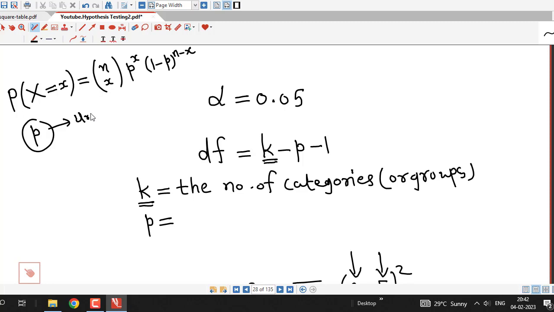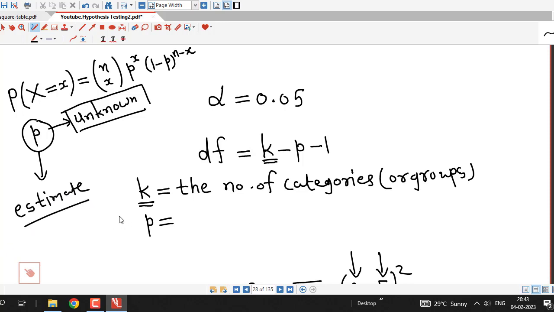Now suppose this probability of success is not known to us, suppose it is not given in the question. Then we will estimate this probability of success from the given sample data. So this small p is the probability of success for binomial distribution, and it is called a parameter of the binomial distribution, and we are using sample data to estimate that parameter.